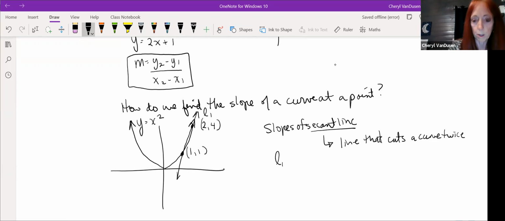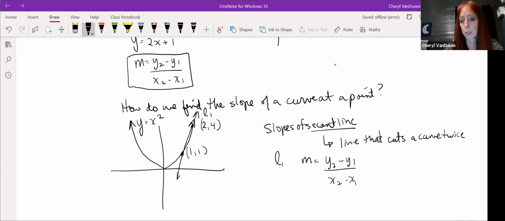The slope would be y2 minus y1 over x2 minus x1. Throw the points in: 4 minus 1 over 2 minus 1, we get 3 over 1. So the slope of that line would be 3. Now, is that representative of the slope of the curve at 1? Well, not really, because it crosses at (1, 1) and then goes way up and crosses at (2, 4).